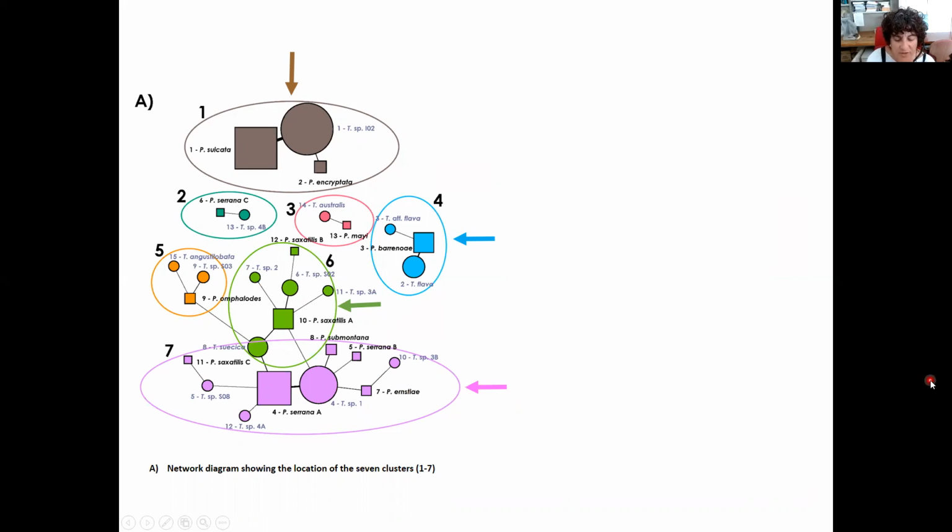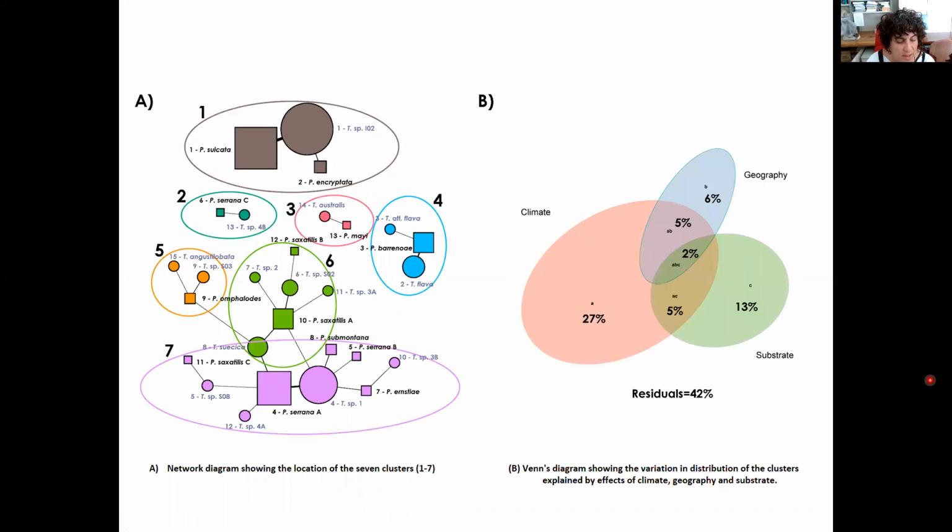To identify the factors that shape these 7 established ecological clusters, we performed variation partitioning analysis. We analyzed the relative contribution of climate, geography, and substrate to the module associations. The response variable explained 58% of the total variation.